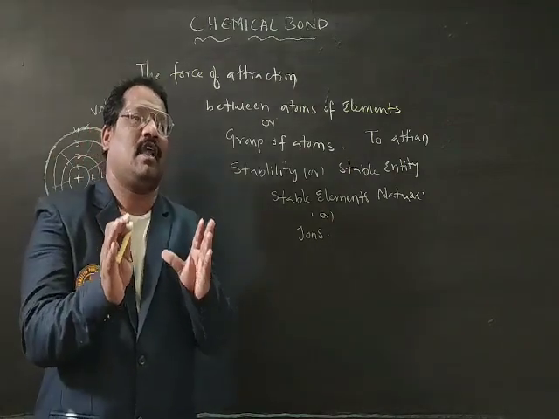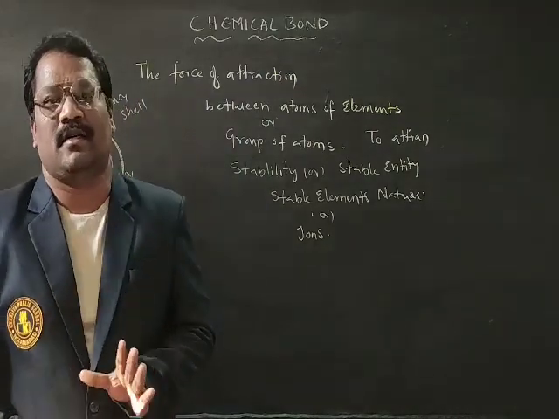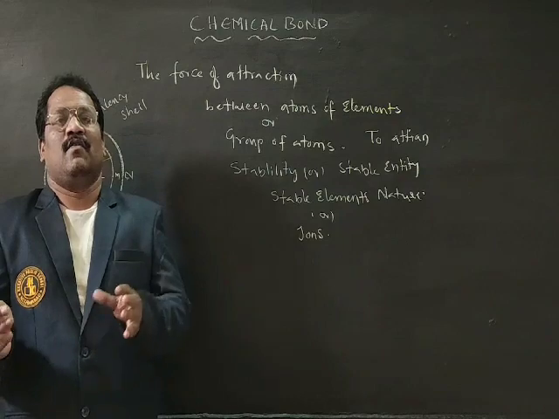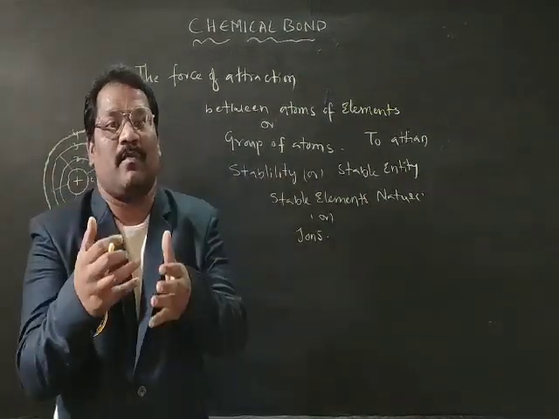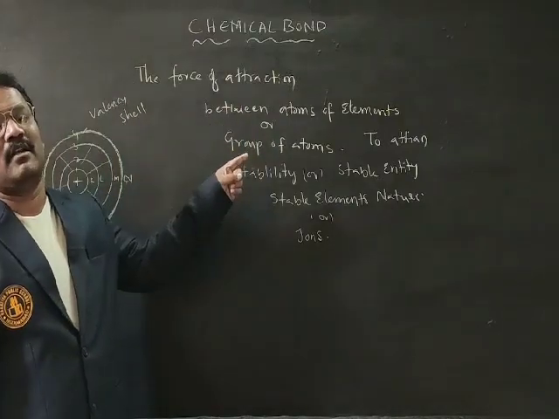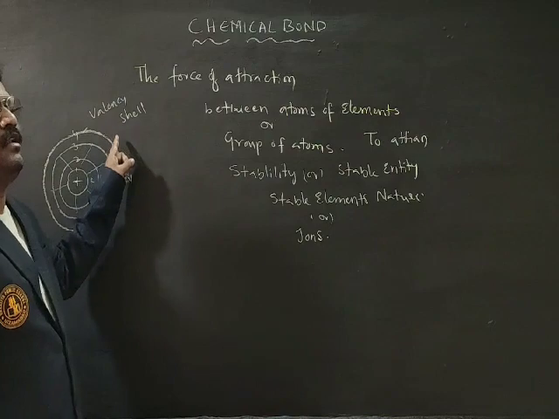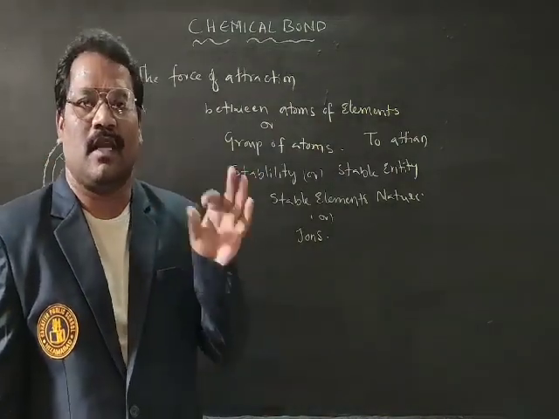Therefore, children, whenever a chemical bond is forming, we have to keep in our mind that for every atom of an element, the bond is forming by sharing of electrons or by transferring of electrons, that too of valency shell electrons.